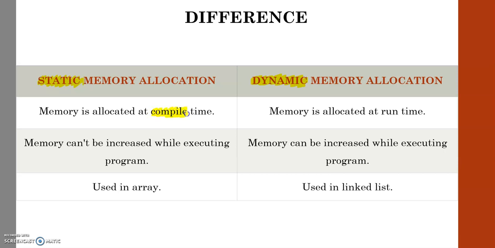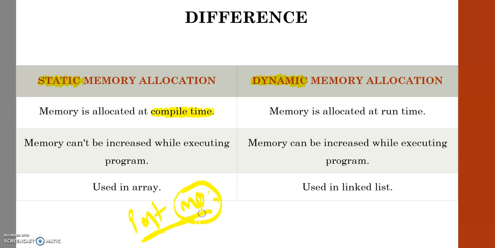Compile time means when you write the program and you say integer no, right? So after writing the program, when you compile the program and this line gets executed, at that time the compiler will allocate the memory for this variable, and it is going to be static till the program is running.